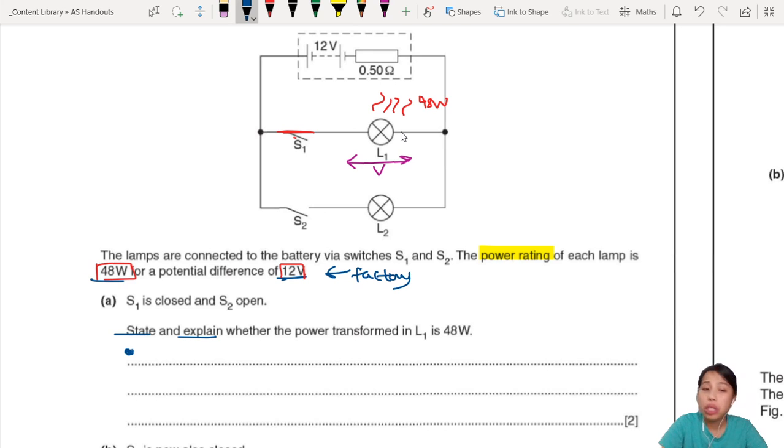The answer is no. Why? Because then you must explain. So you must state and explain, that's what I mean. Because you want to talk about, is this V here 12 volts or not?